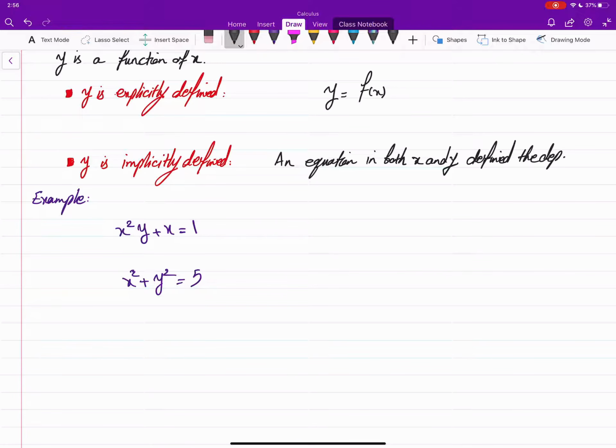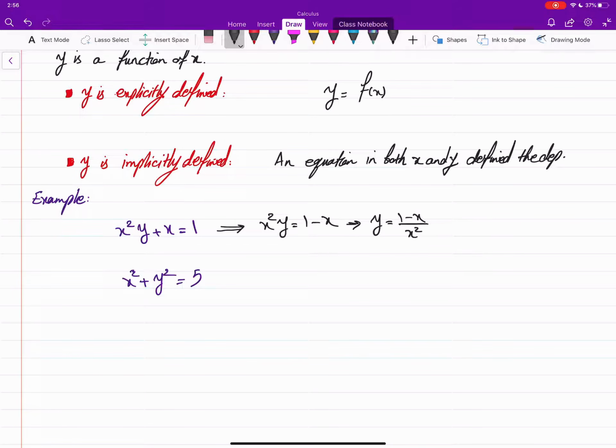However, sometimes we can turn these into explicitly defined functions. For example, look at this one. I can solve this for y. y is 1 minus x over x squared.